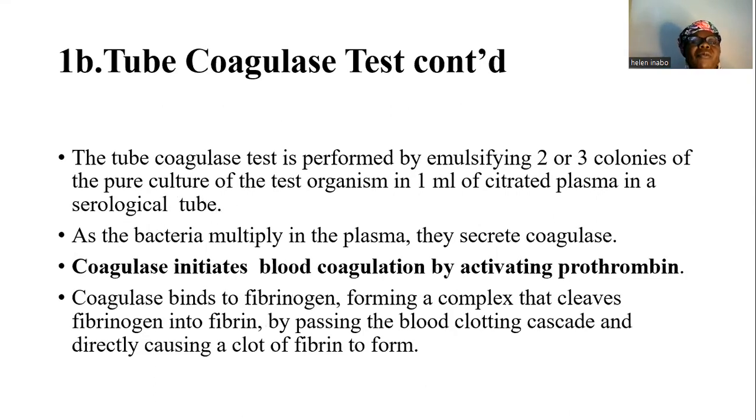The second type of coagulase test is the tube coagulase test, and is performed by emulsifying 2 or 3 colonies of the pure culture of the test organism in 1 ml of citrated plasma in a serological tube. As the bacteria multiply in the plasma, they secrete coagulase. What is coagulase?